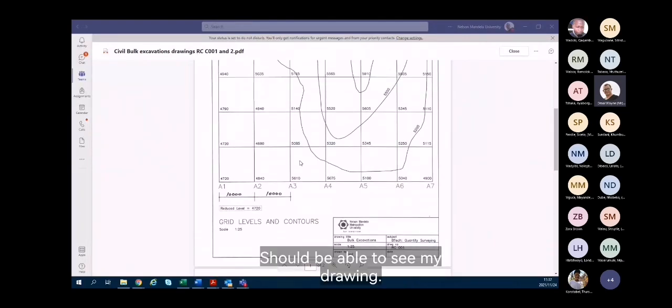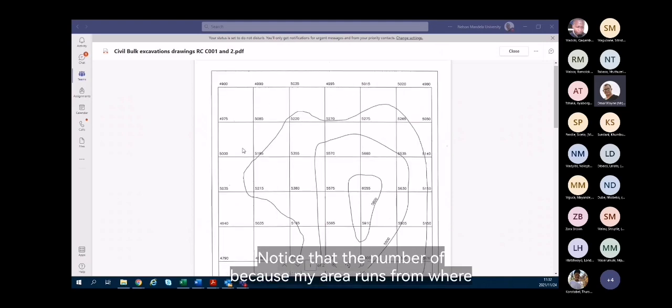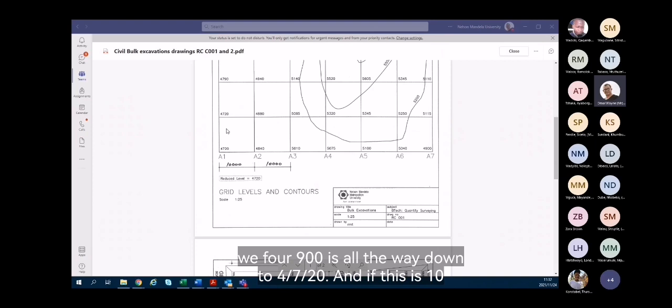You should be able to see it. My area runs from where the 4900 is all the way down to 4720.